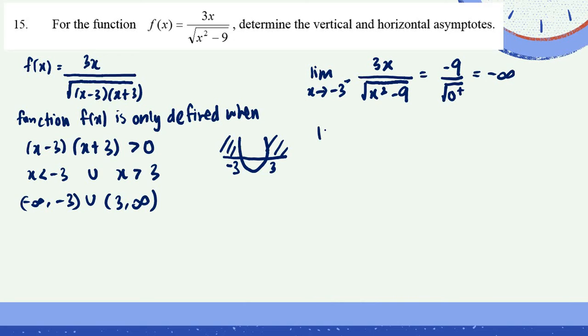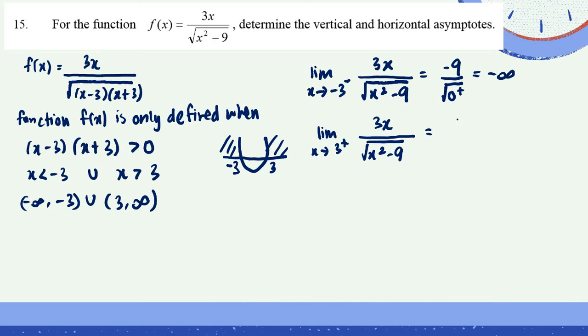Then let us check the limit of x approaching 3 from the right, because the second value of the domain that we have is 3. We check 3x divided by the square root of x squared minus 9 again.